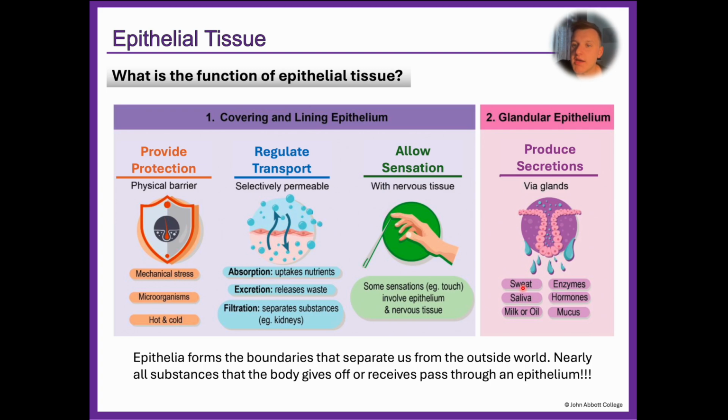Sweat from a sweat gland can be made in these glands and then secreted outside onto our skin surface, and we become sticky and gross. Saliva could be made in glands and secreted out into the ducts from our salivary glands into our mouth, right? Milk could be made like in the breasts, right?